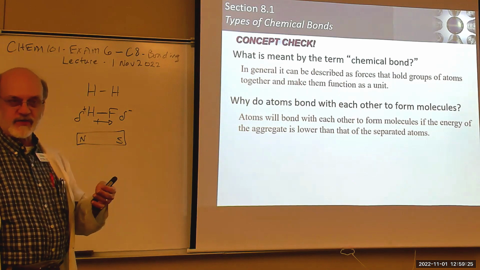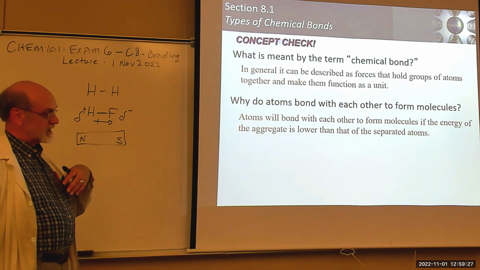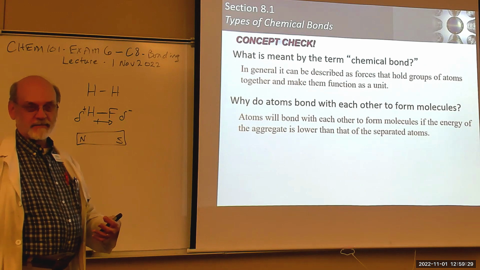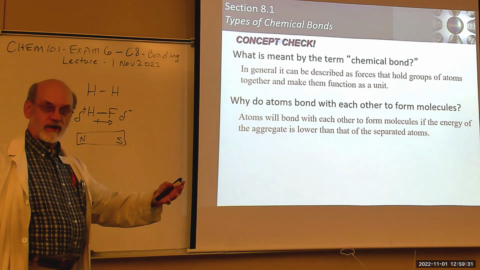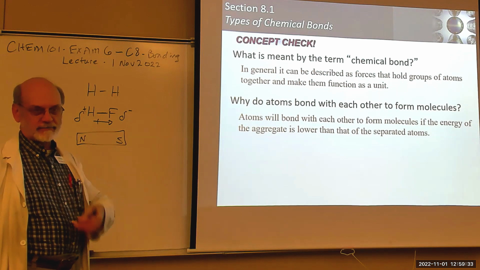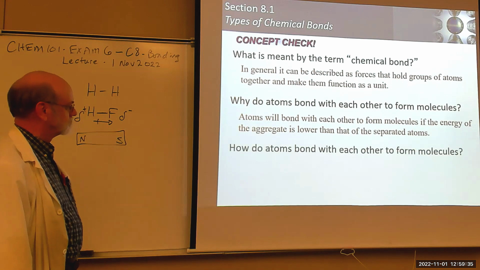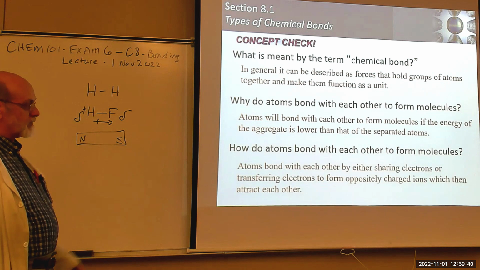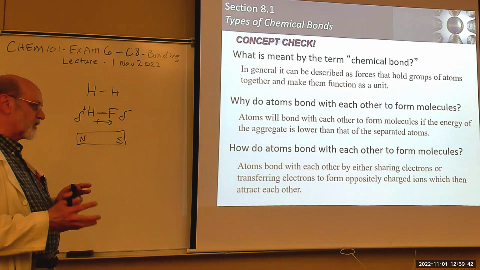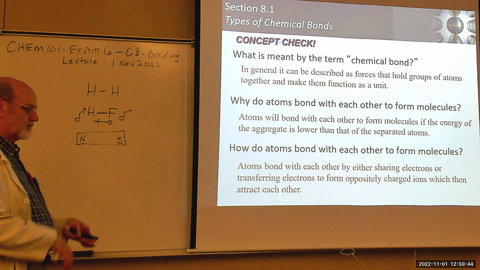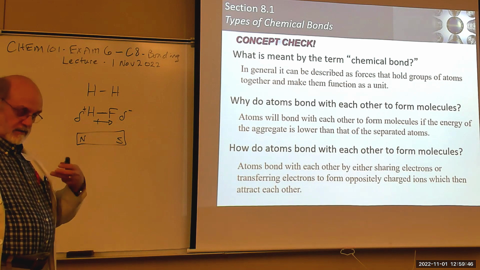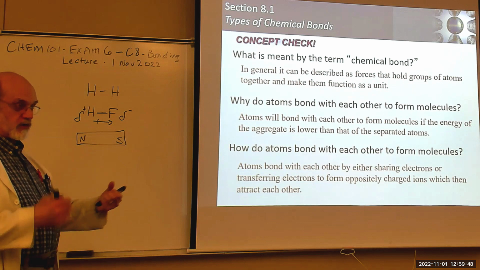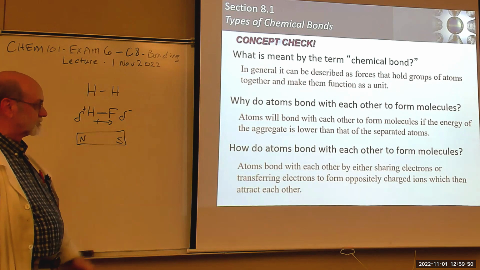If our definition is correct, then that's the impetus for forming the bond, the after part is more stable than the before part. And atoms bond with each other either by sharing electrons or transferring electrons from one to the other, and then you get electrostatic attraction.